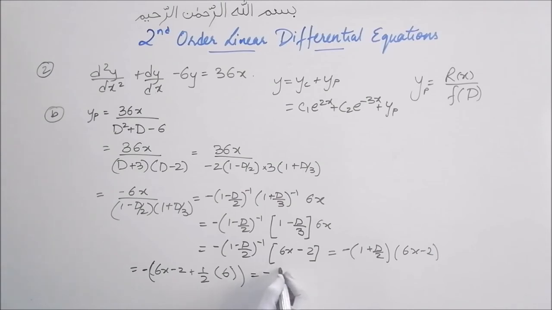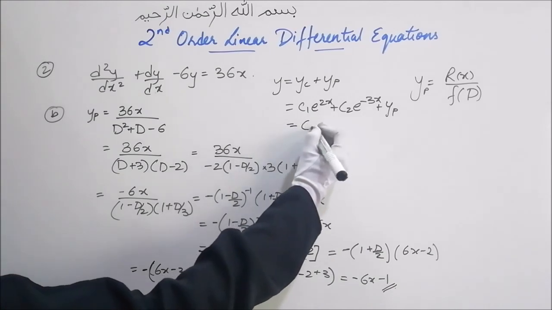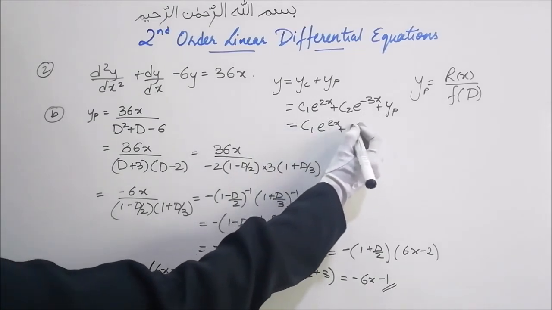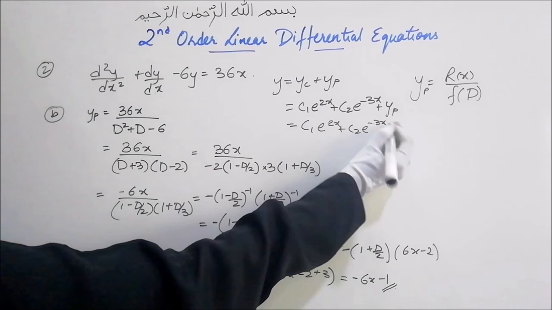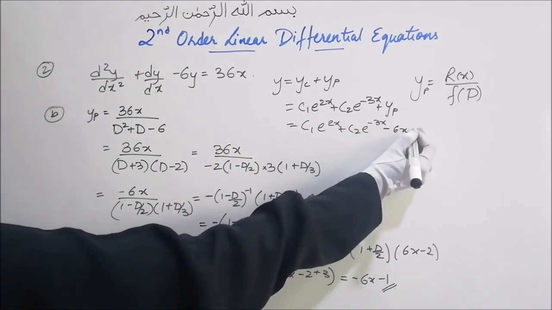So we'll get here 6x - 2 + 3, which will be 6x + 1. This will be our particular integral. Therefore, the final solution y will be c1 e^(2x) + c2 e^(-3x) + 6x + 1.